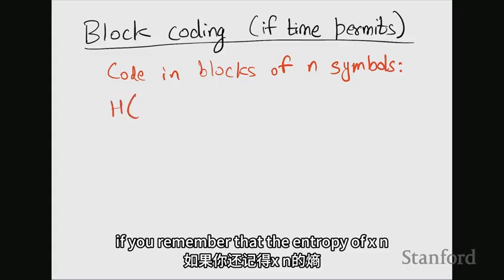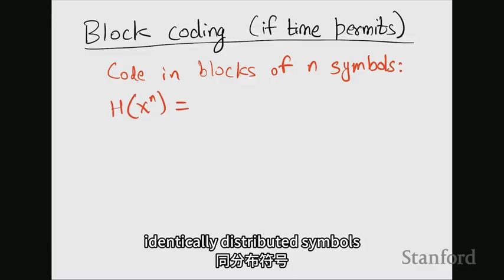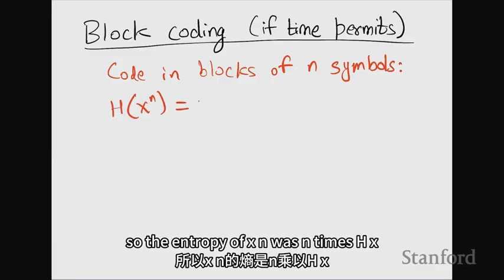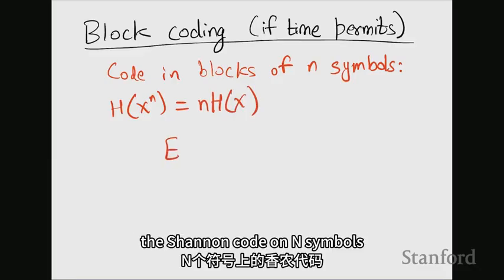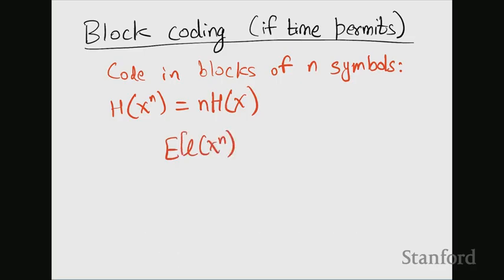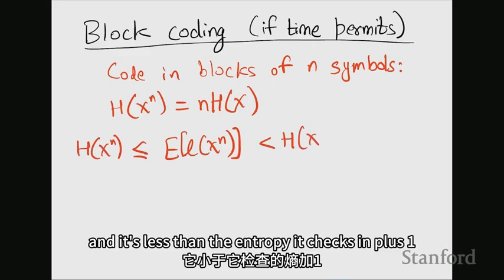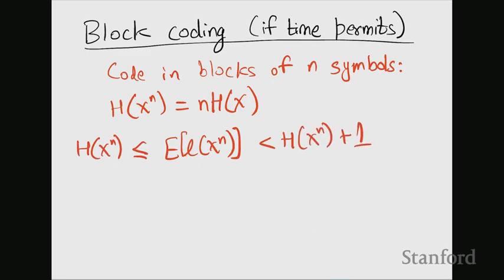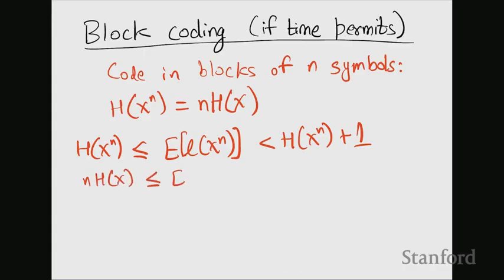If you remember, for IID symbols, independent identically distributed symbols, the entropy of X^n was n times H(X). I hope everybody remembers. Now, the Shannon code on n symbols will obviously be bigger than entropy. You cannot beat entropy. And it's less than the entropy H(X^n) plus 1. Let me write this down.